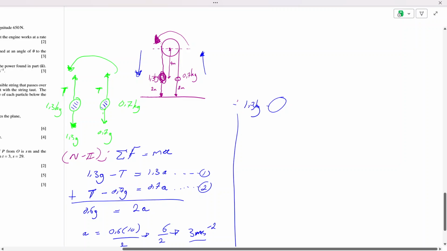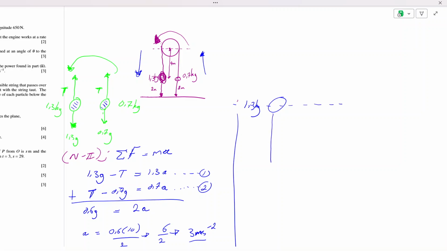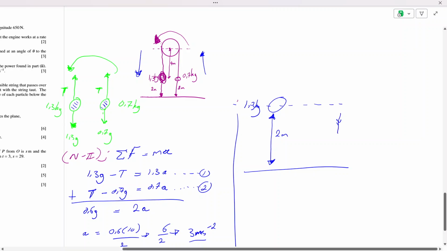We know the distance that it has to travel to reach the plane. We're told that it is 2 meters to reach the horizontal plane. And we know that it has an acceleration of 3 meters per second squared, right?